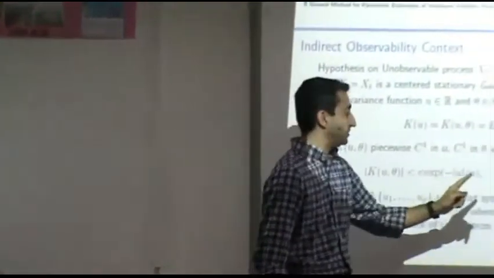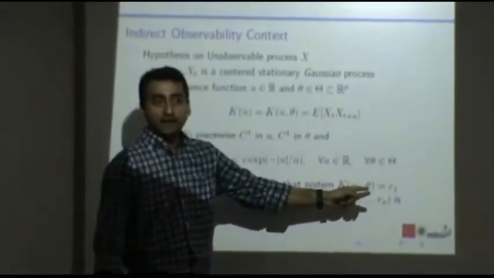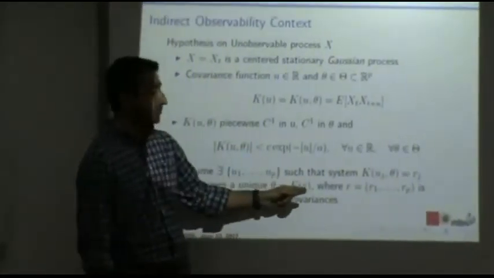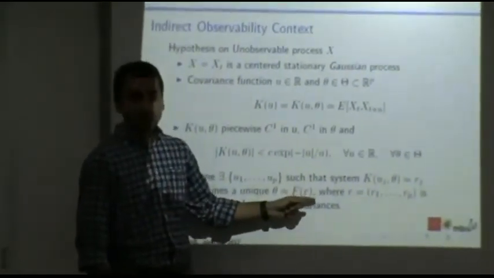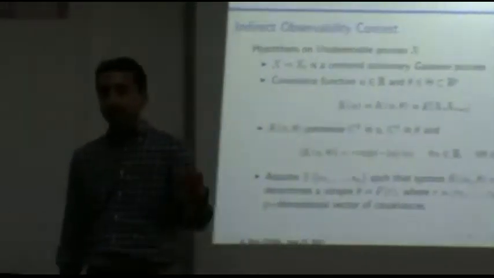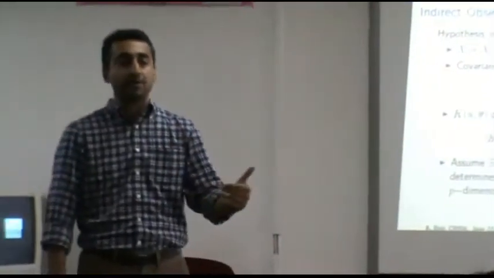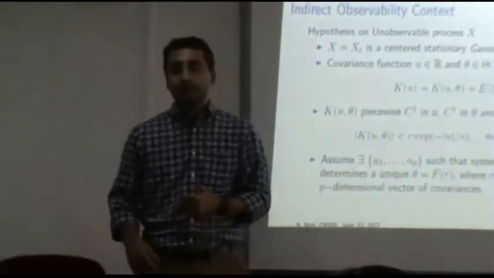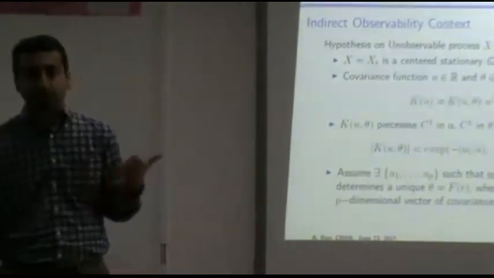Now the idea behind this is a method of moments estimation. If I'm able to represent my unknown vector parameter theta in terms of these moments, then as long as I can estimate these moments in a consistent manner, I can say something about the consistency of the parameter estimates for theta.